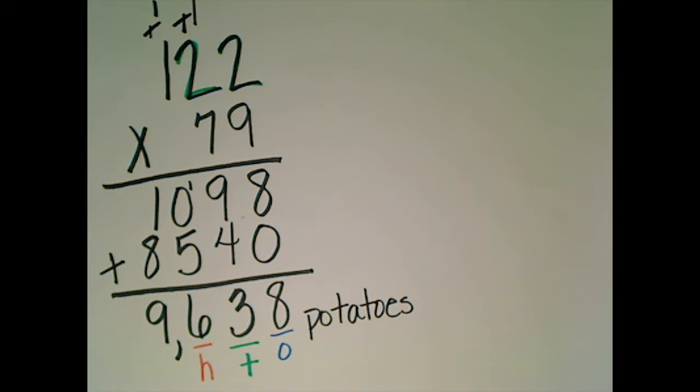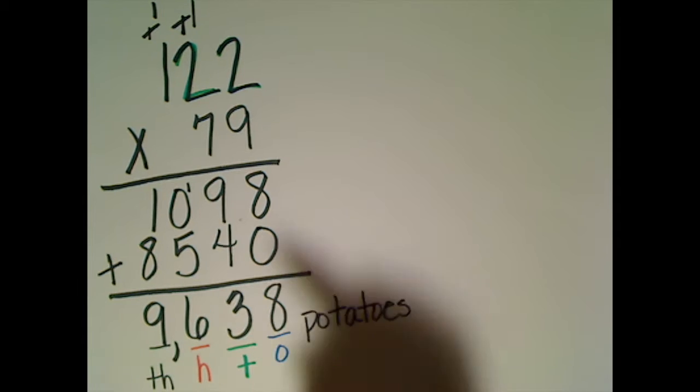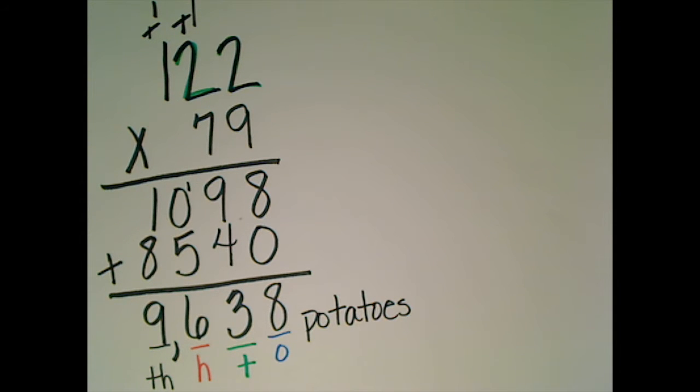And what place value now is 9? What is that place value? Did I hear somebody say the thousands? That's right. We have now entered into the thousands. Okay, guys. Good job. Let's show you another method.